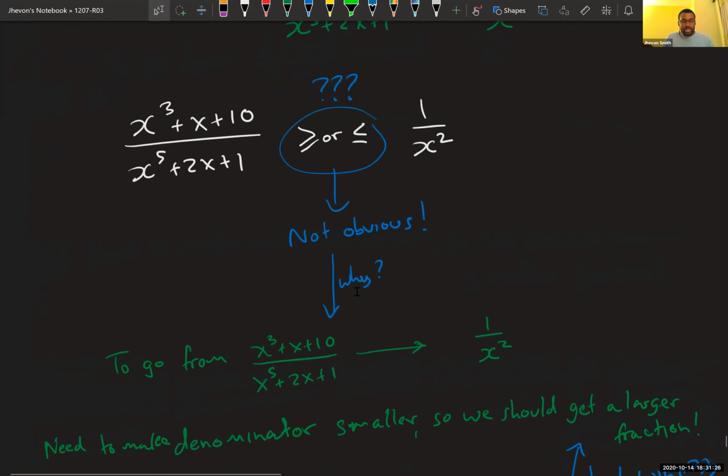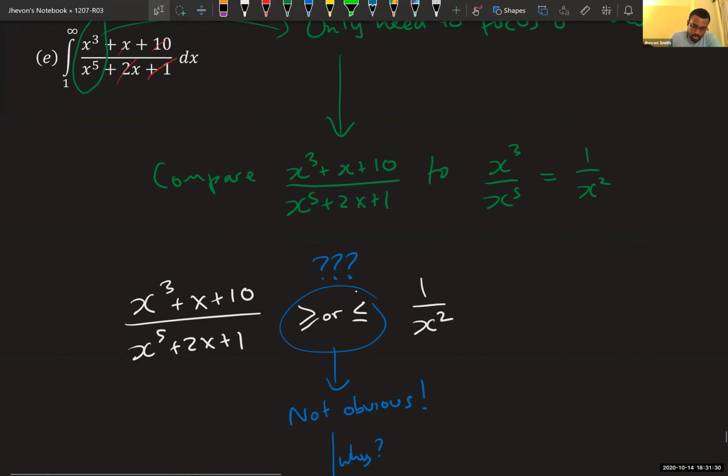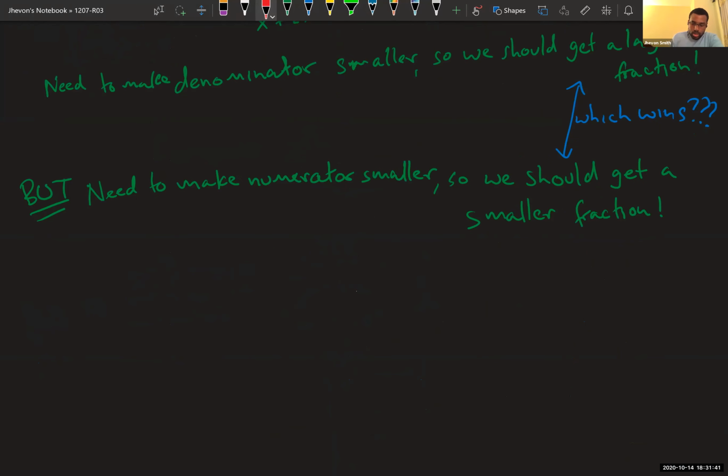See, for the limit comparison, the answer is actually pretty obvious. If I call this guy f of x and call that guy g of x, so here, direct comparison is an issue.